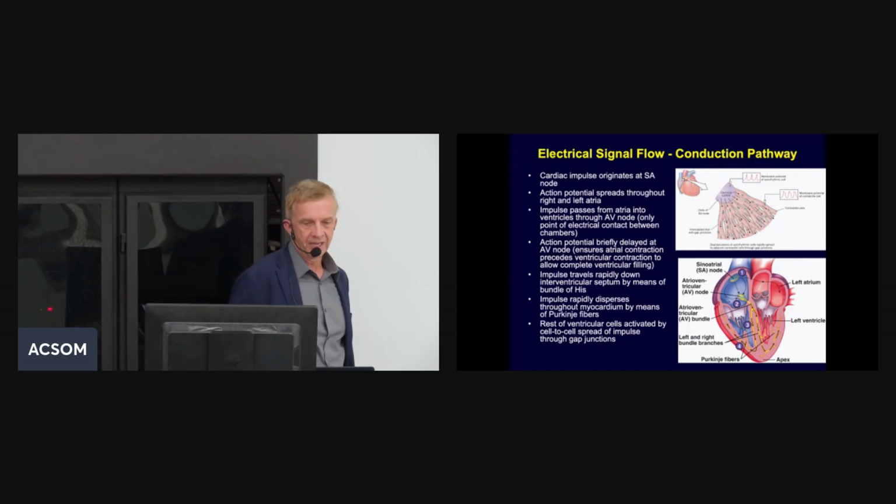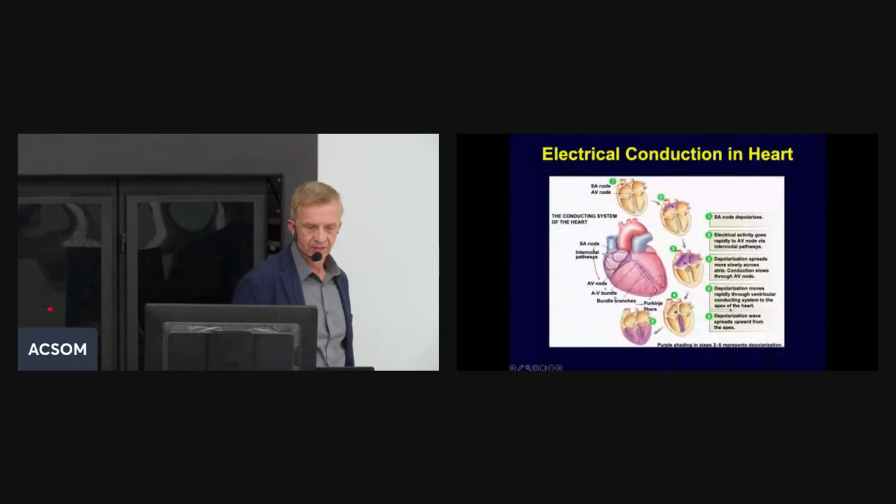The electrical signal flows through the conduction pathway, starts in the SA node, and transfers through the atria, through the AV node, to the ventricles. This is another picture that will show the electrical conduction of the heart and the depolarization.